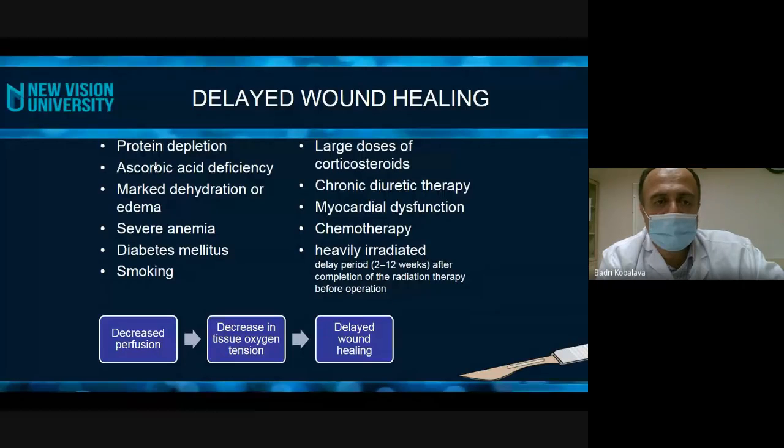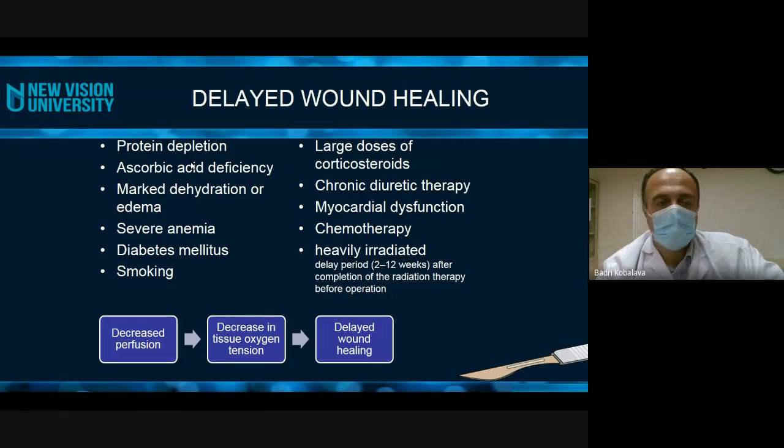How to facilitate wound healing and which factors affect wound healing? First of all, it is protein depletion, because amino acids are building blocks of new tissue. So wound healing actually is building new tissue.